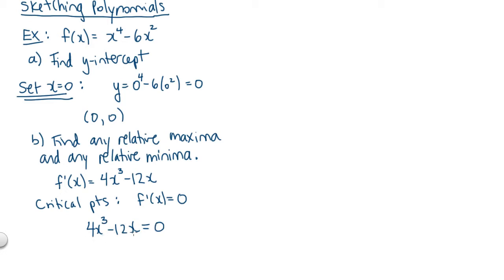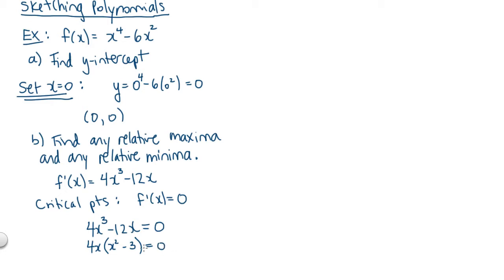So we've got a 4 common to both of these terms. We've also got a factor of x that could come out. So let's factor out that 4x. And what we've got left over is an x squared minus 3. So 4x times x squared minus 3 is equal to 0.